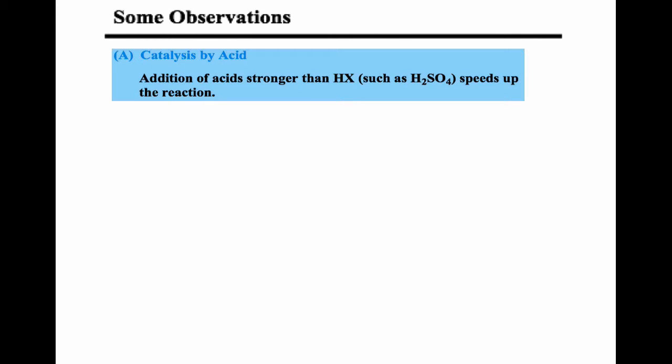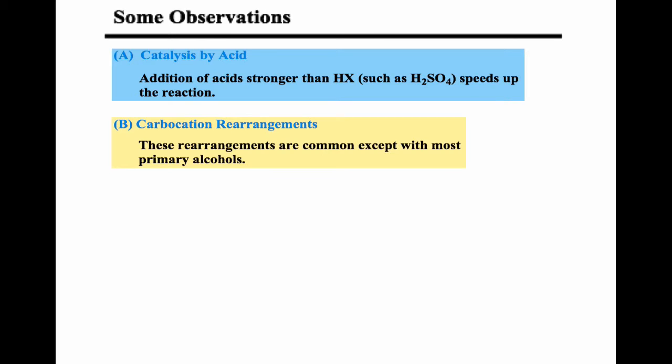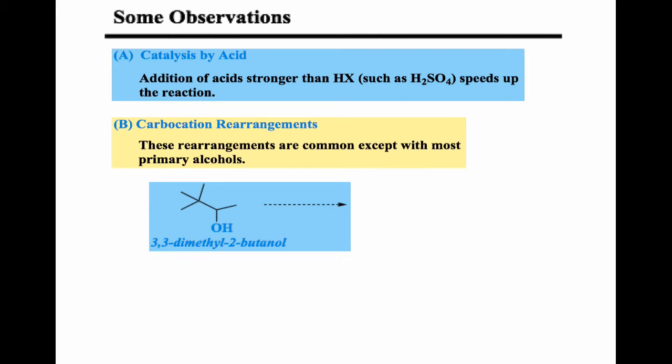So acids typically catalyze these reactions quite well to convert an alcohol into an alkyl halide. So sulfuric acid is quite frequently used, like you saw with the sodium bromide. We know that carbocation rearrangements will occur, especially when we're talking about secondary and tertiary alcohols, because we can generate those carbocations, and they can rearrange to more stable carbocations.